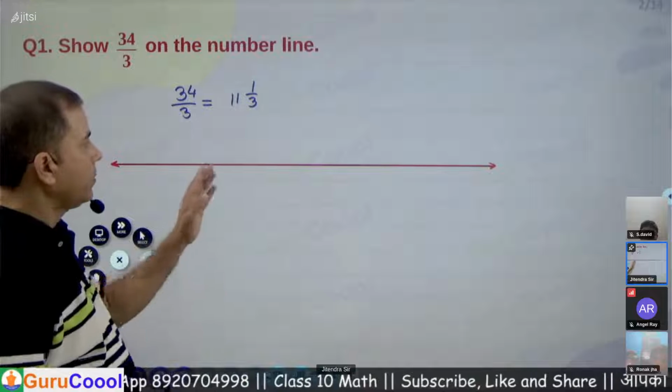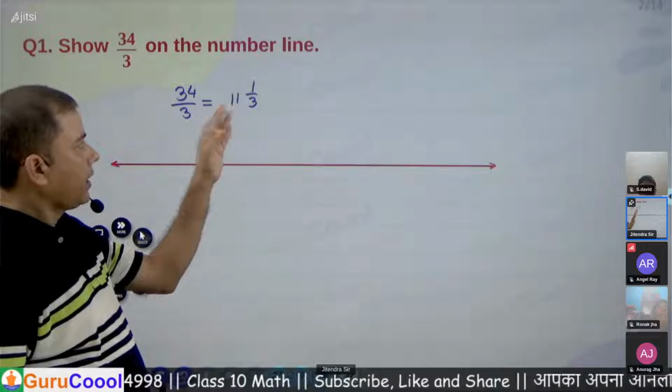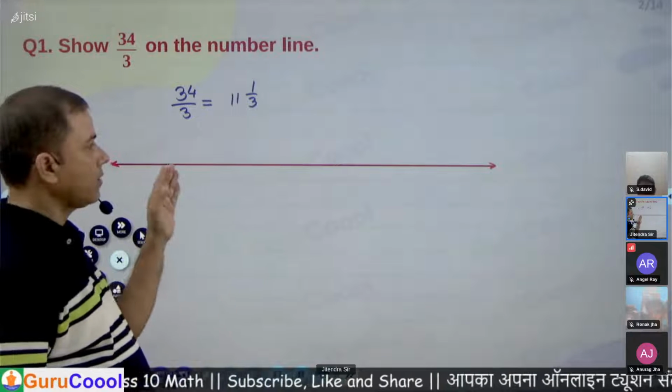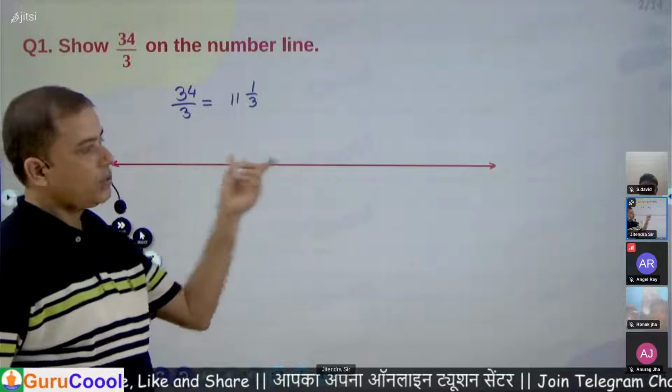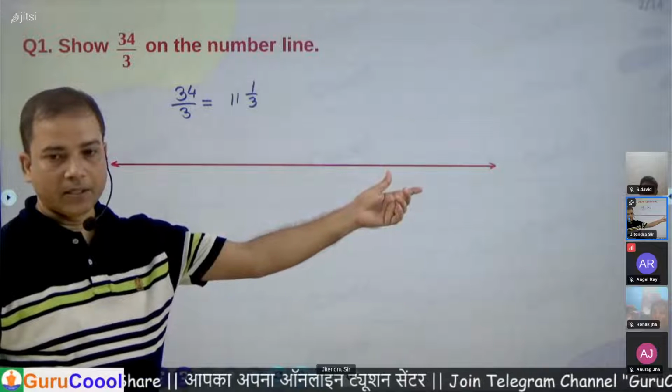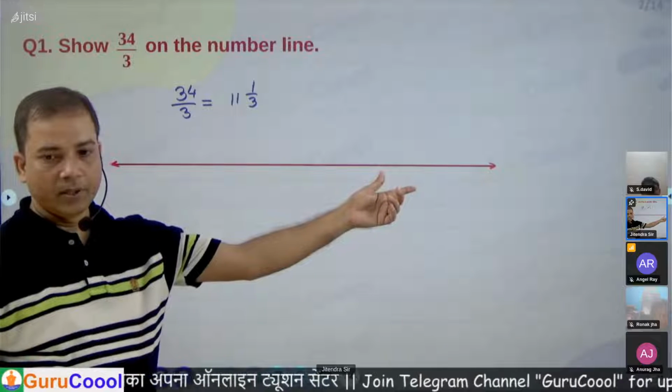Now what we will do is, we will take 11 and 12. If you start showing all the numbers 0, 1, 2, 3, 4, you have to show many numbers. That's not a good idea, right?